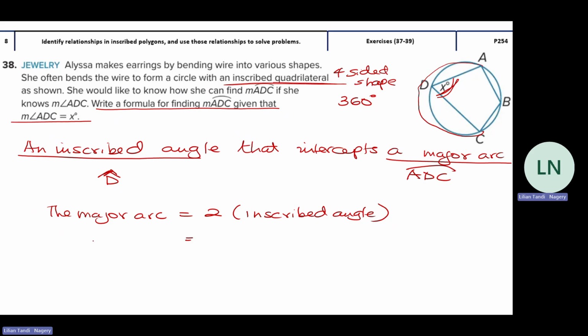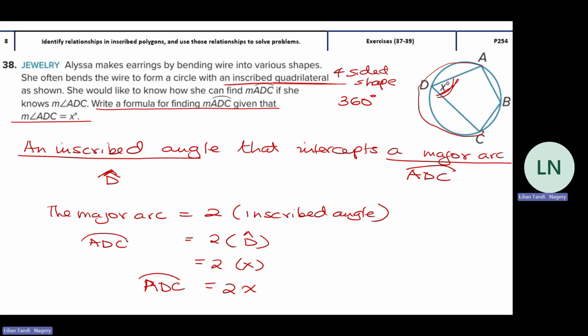Who is angle D? x. And this should be 2x. This is the measure of arc ADC.